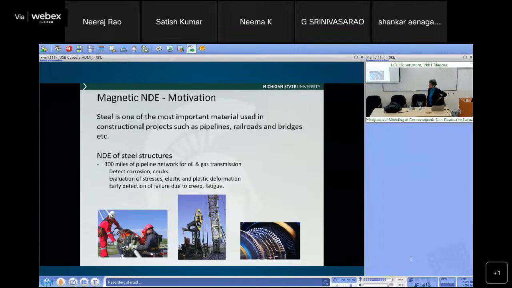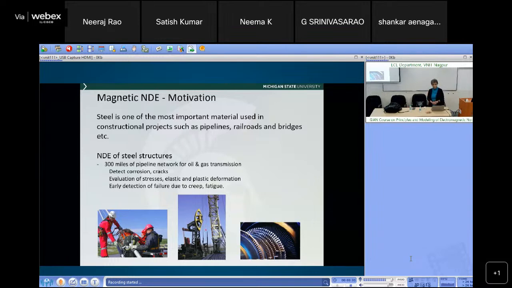So motivation, where do you encounter magnetic materials which need NDE? We have steel, we know that it's the most important, strong material that is used in many infrastructures. And pipelines is one of the common applications for steel, railroads, bridges.